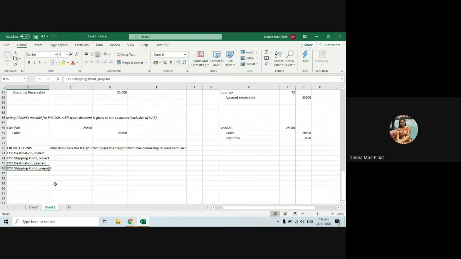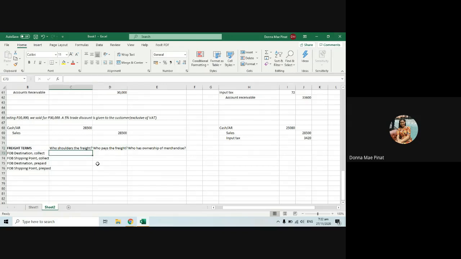Sige. So, for who shoulders the freight, ang imuhang tan-awon is kaning iyang ngalan, whether FOB shipping point, FOB destination siya. Pero kung who pays the freight, diri ka magtan-aw sa collect, prepaid.